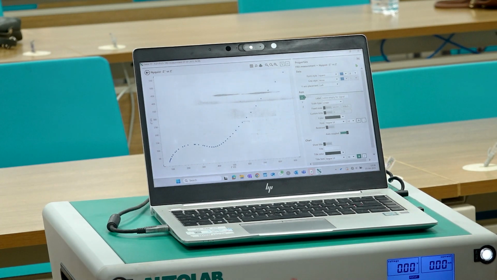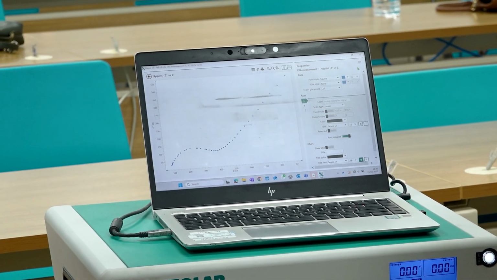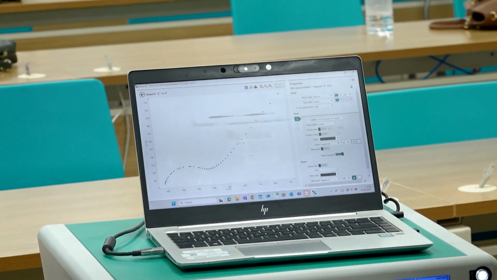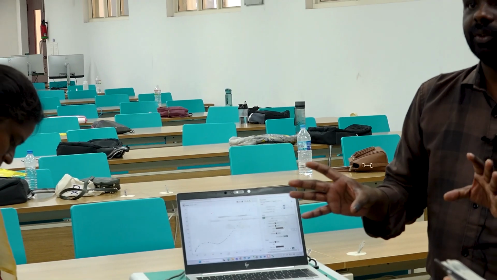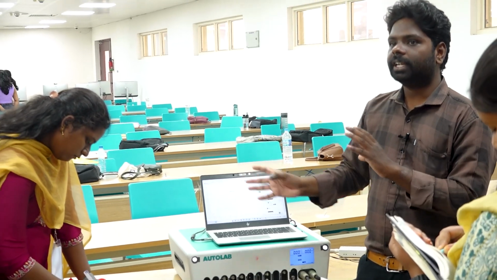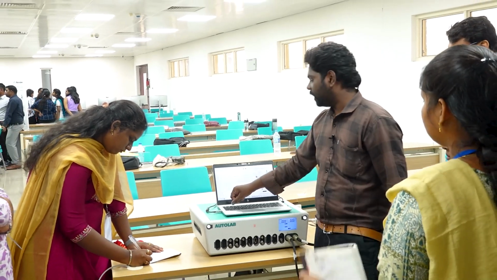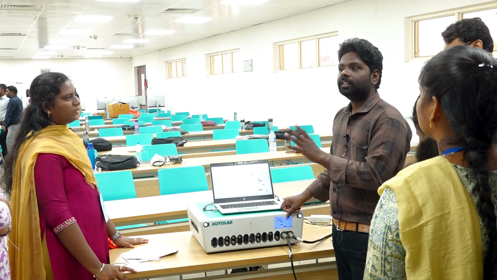This Warburg, that means this diffusion, simply describes your electrolyte ion properties. Because the electrolyte has the ions, so the electrolyte decides the conductivity, movement of ions, everything. So this diffusion property clearly describes that. Whenever you get a 45-degree line after the semicircle, you will get diffusion.